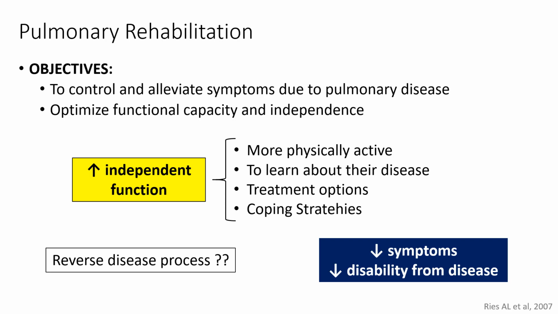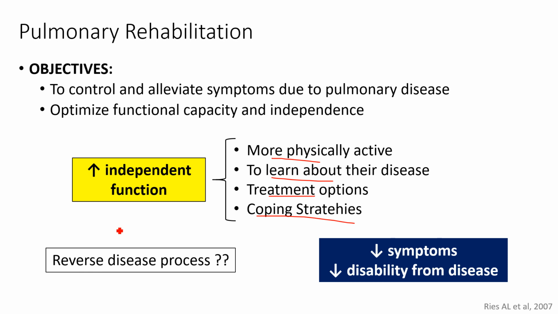So again, the objectives of pulmonary rehab are to control and alleviate symptoms due to pulmonary diseases, optimize function, improve exercise capacity, improve independence. We're trying to make people more physically active, to learn more about their disease, treatment options, and coping strategies, right? Are we going to reverse the disease process? Probably not, right?